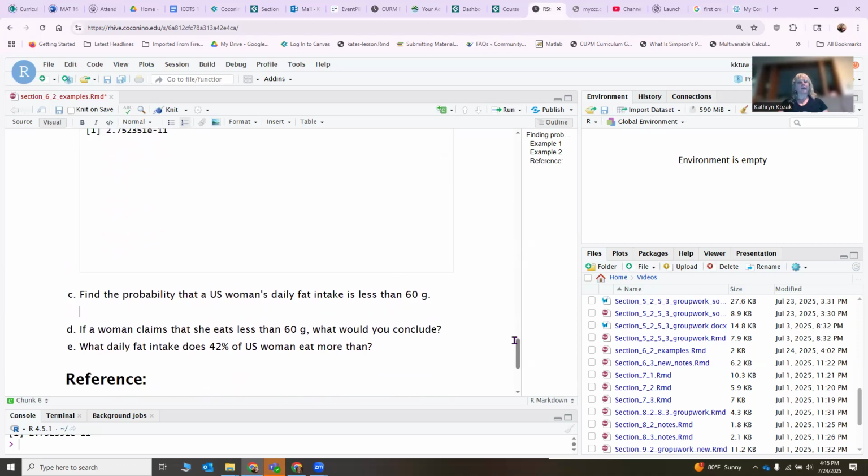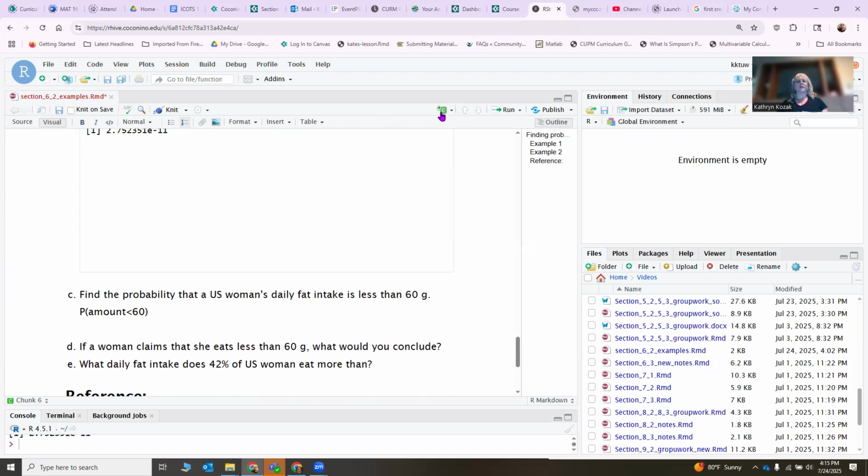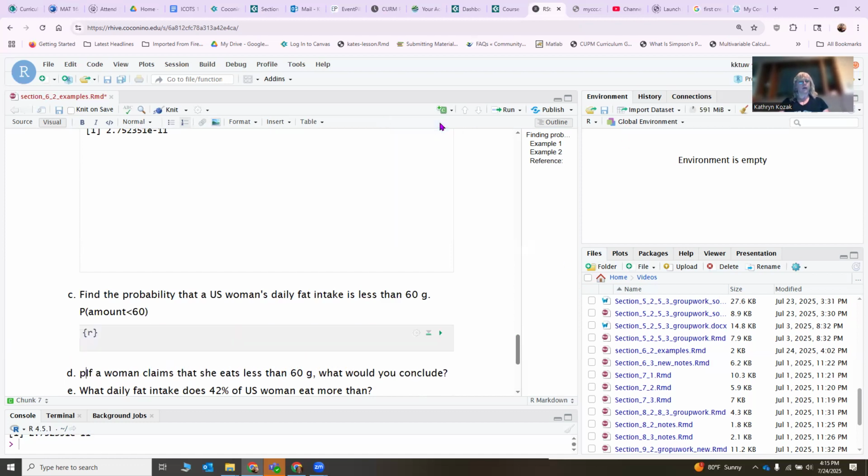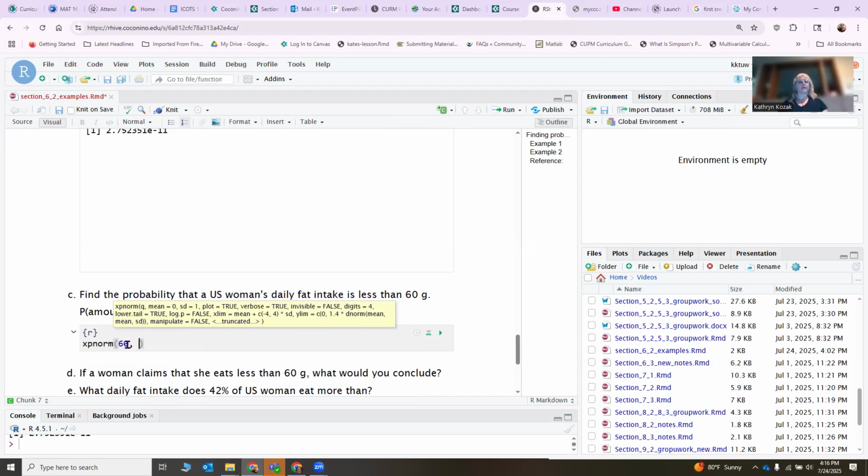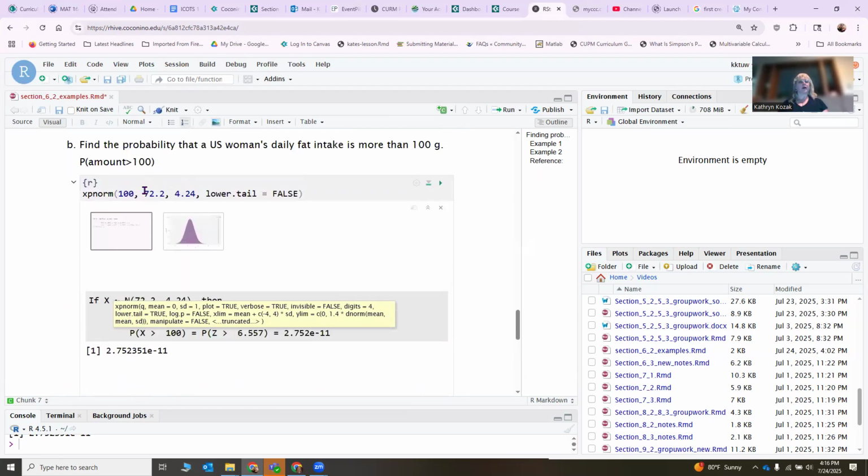All right, find the probability that a US woman's daily fat intake is less than 60 grams. So that's the probability that the amount is less than 60. So an R chunk, P norm. And I can do an XP norm just to see what it looks like. And again, I'm going to put in my 60, my mean and standard deviation, which I've forgotten, so I'm going to go copy them.